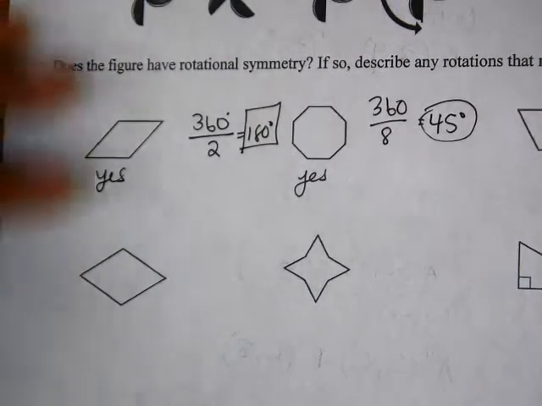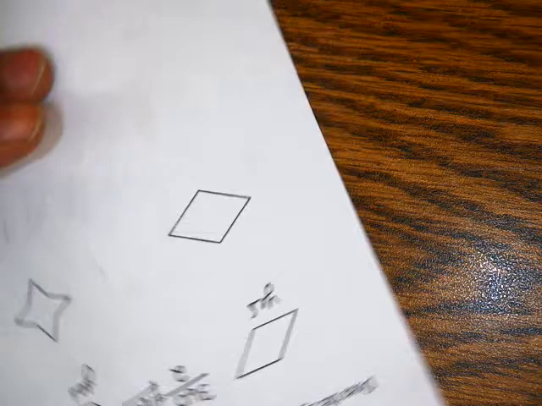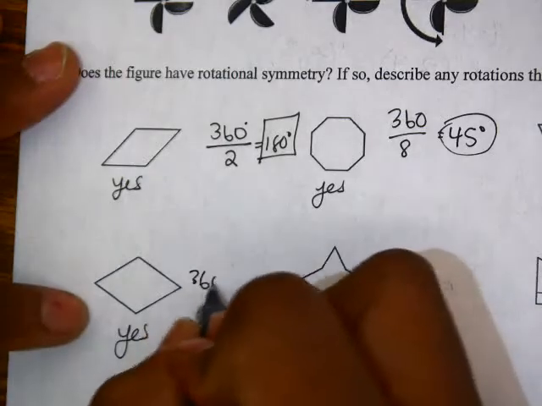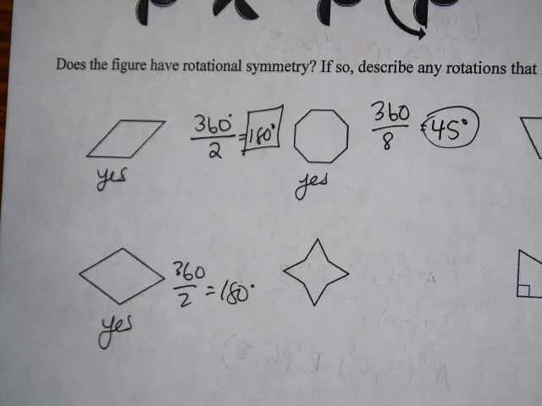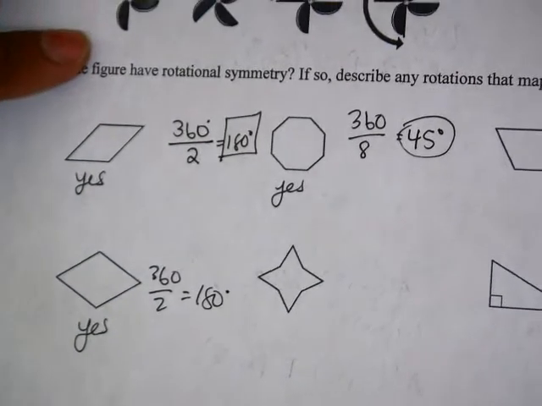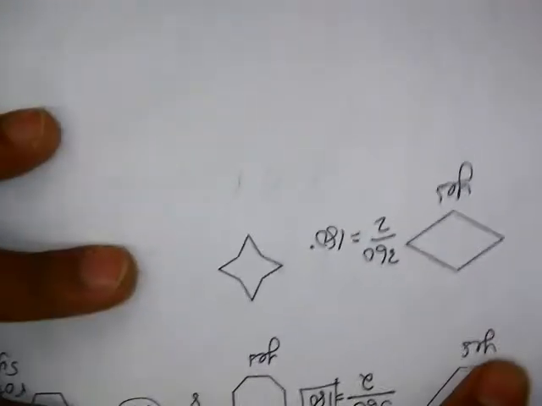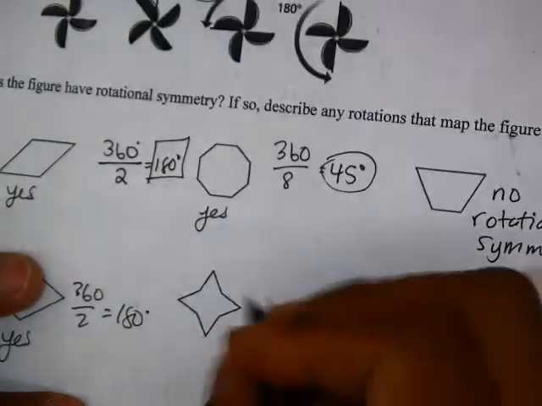This rhombus, that's the same, that's not the same, that's the same, that's not the same. So I could rotate this twice. So yes, 360 divided by 2 is 180 degrees rotational symmetry. This shuriken or ninja star, that's the same once, 2 times, 3 times, and finally 4 times.